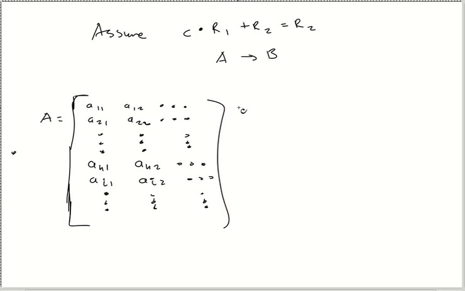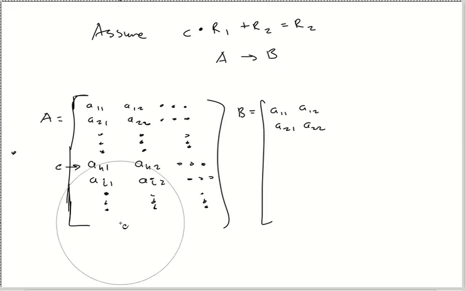Well, let me now write what B would look like. It's very, very similar. A11, A12, and I'm not going to put all the dots every single time if that's okay. Got these guys. Well, what's going on is that I'm going to take C times this row and add it into this row, okay?